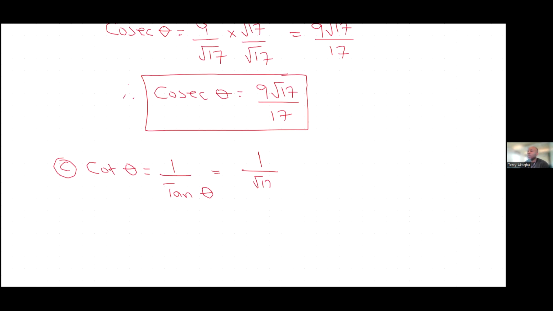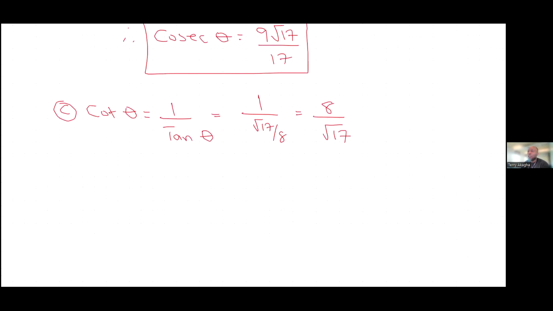And this is going to give me 8 divided by root 17. Now, as usual, like I always say, you can't have surds as the denominator. If you've not watched my video on rationalizing the denominator, this will be a very good time for you to do that. So it'll be 8 divided by root 17 multiplied by root 17 divided by root 17.